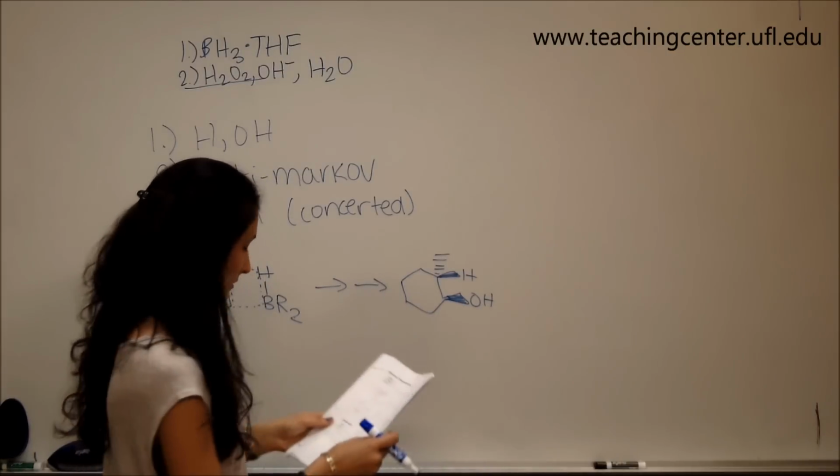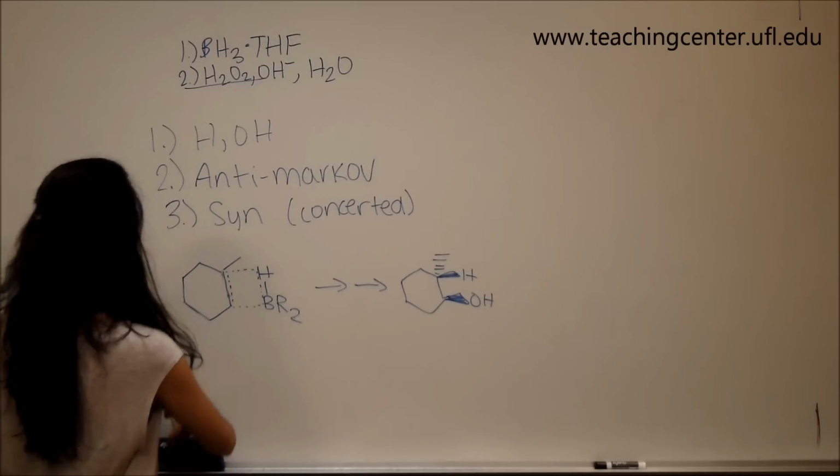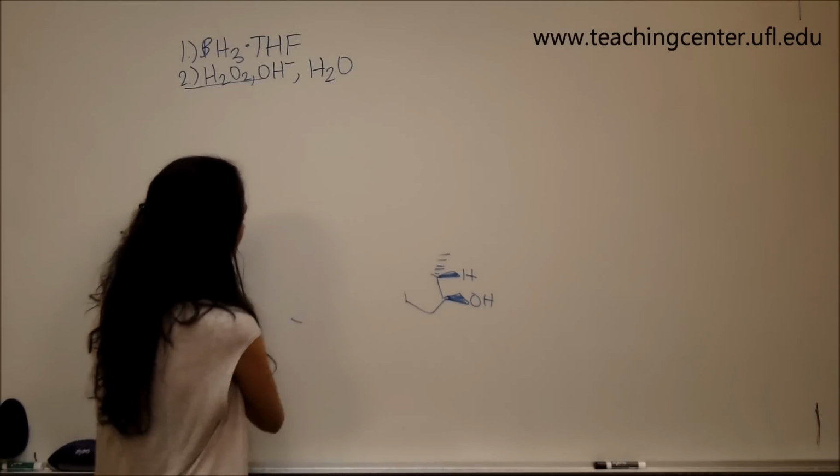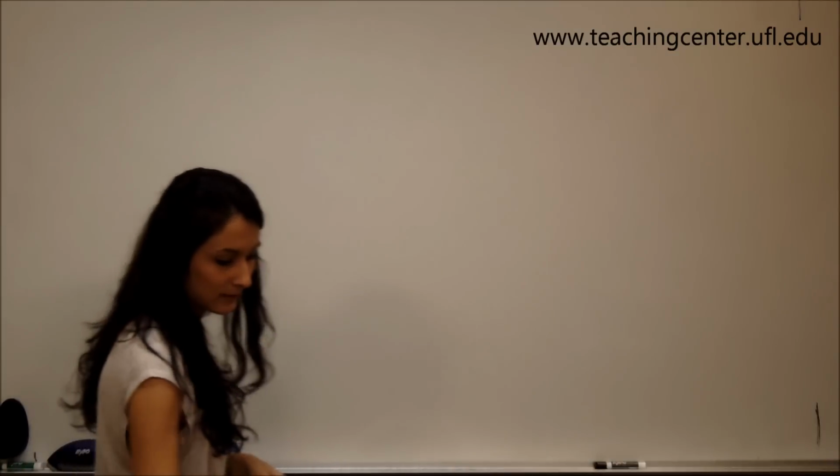All right, so the next one is going to be syn hydroxylation. So we're done with the main reactions for this chapter. The rest of these you typically do not need to know the mechanisms for.